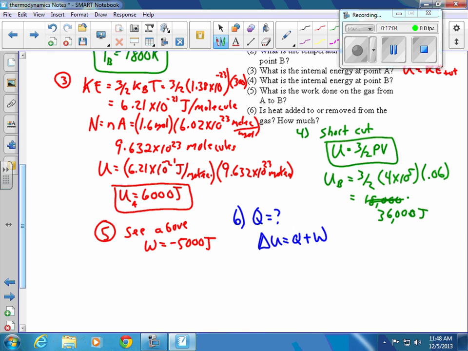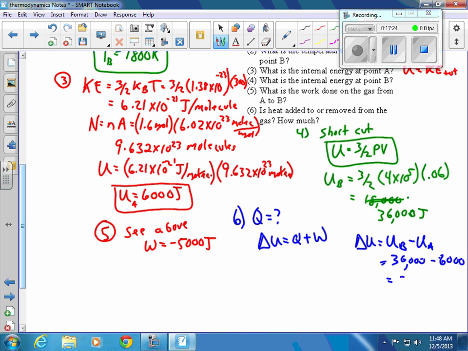Now, the W we just found is negative 5,000. We have to find the delta U. I'll do that over here. Delta U will equal the final minus the initial. So UB minus UA. UB was 36,000. UA was 6,000.